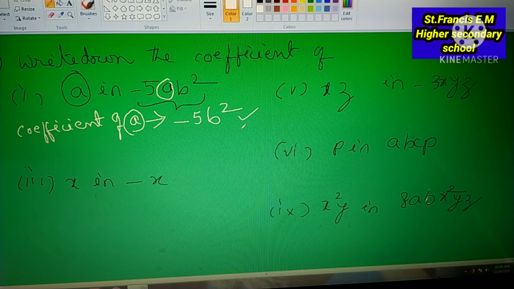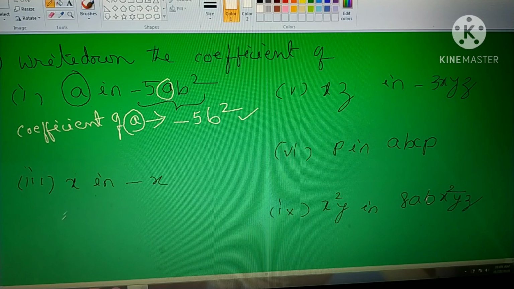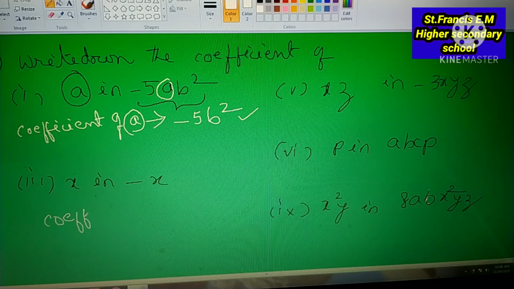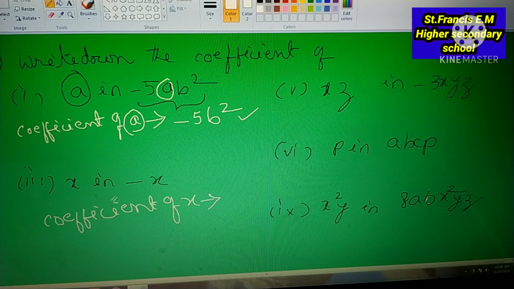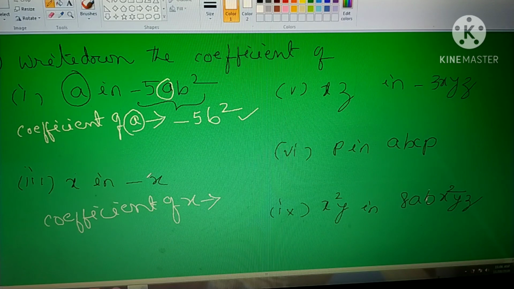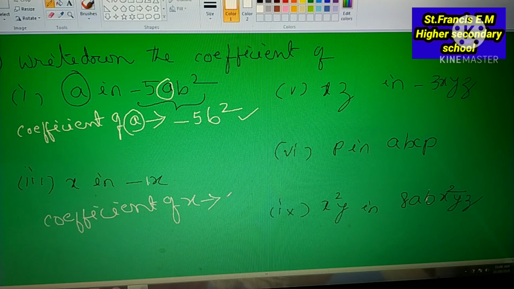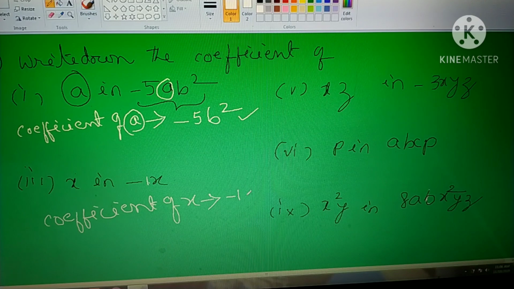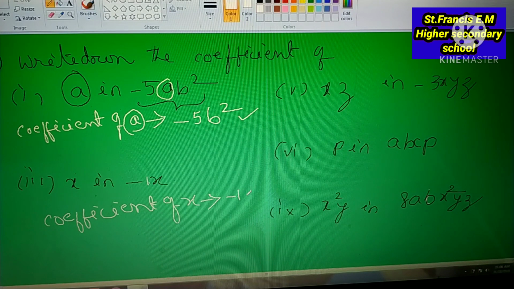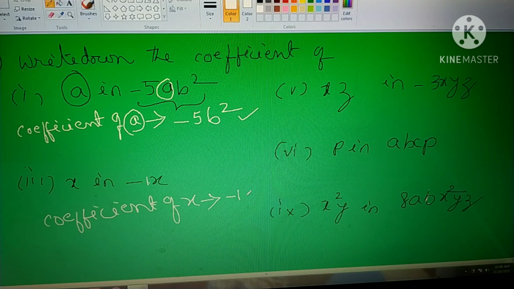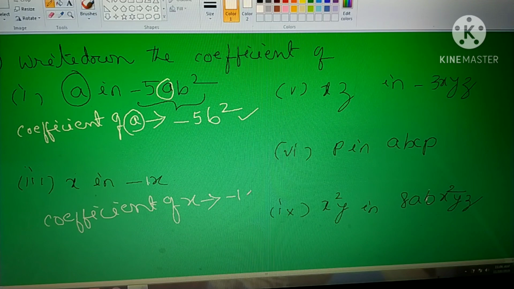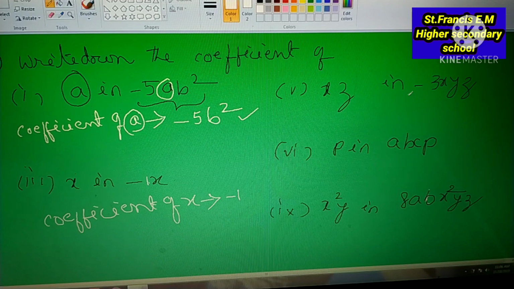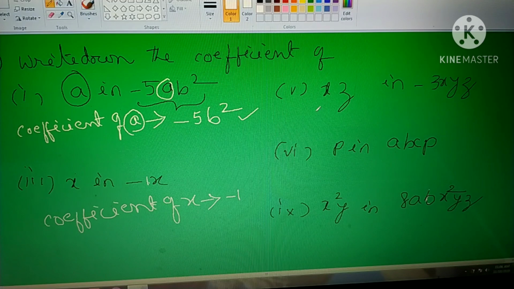Okay. Now see the next example, x in minus x. So we have to write the coefficient. Coefficient of x is, we have nothing here, means 1. So 1 into x. So we have here minus 1. So this is your coefficient. Along with the symbol you have to mention. If you have plus, no need to mention. But if you have minus, you have to clearly mention that. Okay. Now see the fifth one, xz in minus 3xyz. So coefficient of xz.